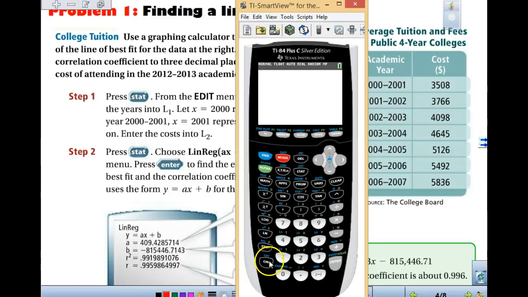The on button and the words in blue above, those are when you hit the second function. Anytime on the graphing calculator you see that up arrow, okay, so everyone has a graphing calculator on their desk. They're right up in the front of the room. Make sure you grab one if you didn't. I'm going to show you just a couple of things, and I'll show you how to get off that screen. This is called the home screen, where it says quit right here.